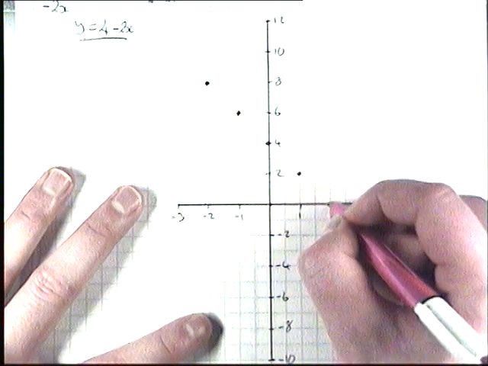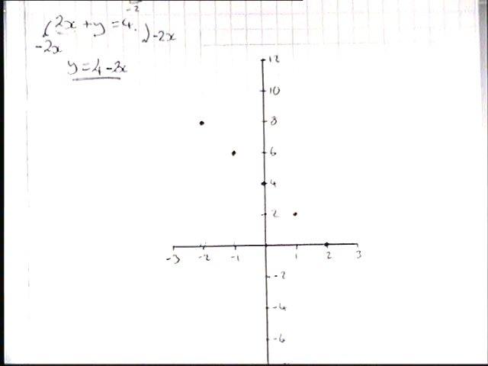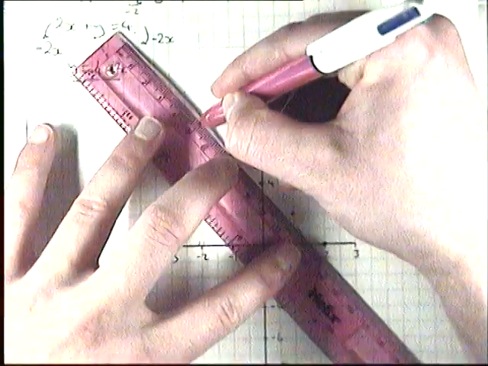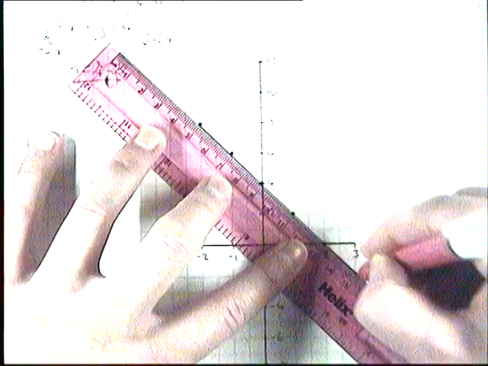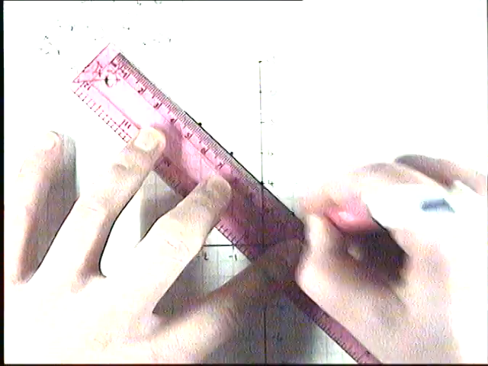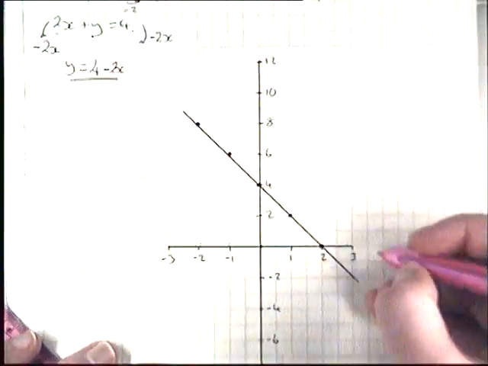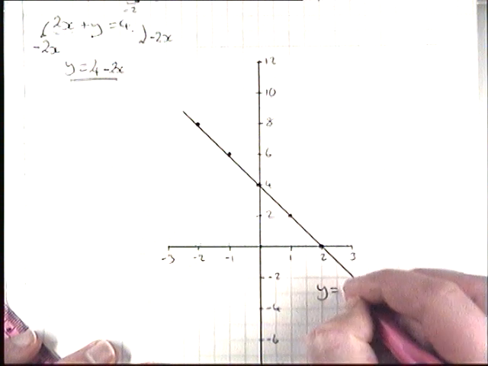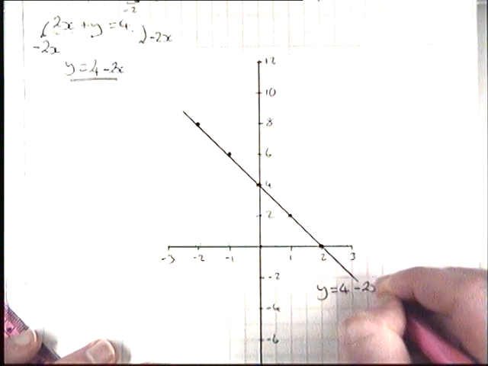And 2, 0. So we're then going to join all of those points up with our ruler, right to the edge of our axes. And we're going to label that y equals 4 minus 2x.